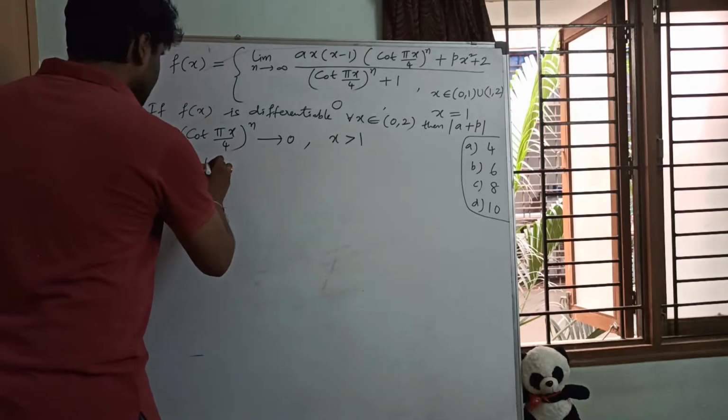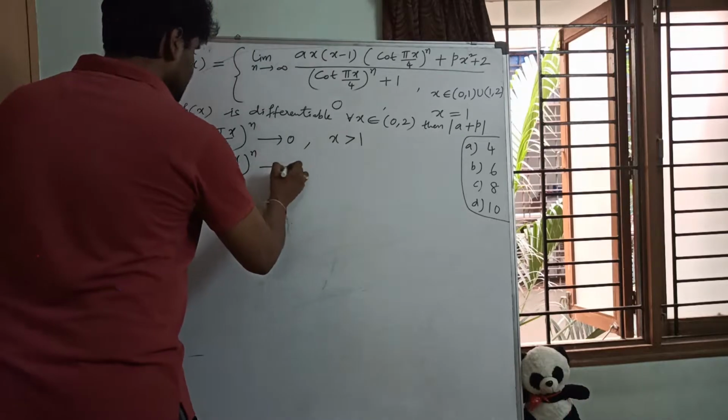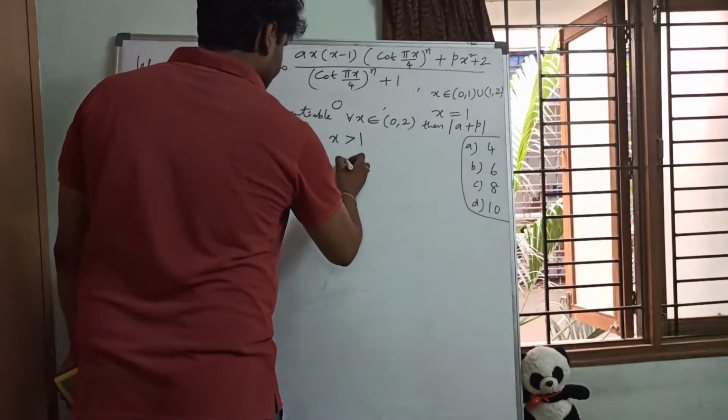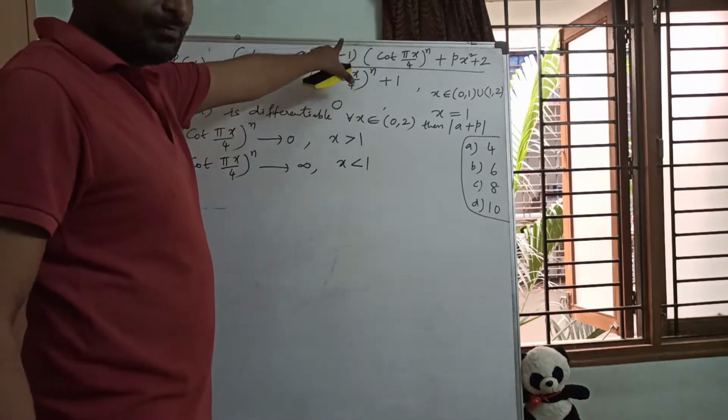And (cot(pi x by 4)) whole power n tends to infinity when x is less than 1. We have to remember these two things to simplify this function.